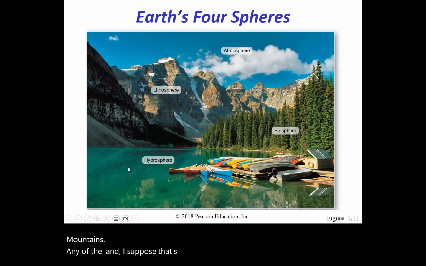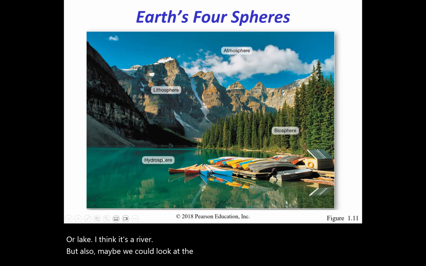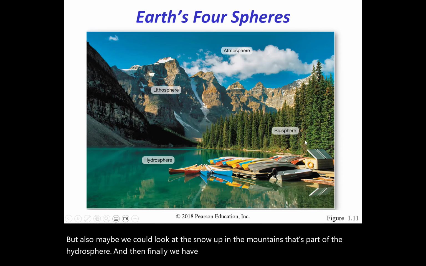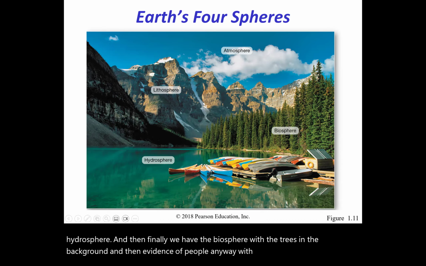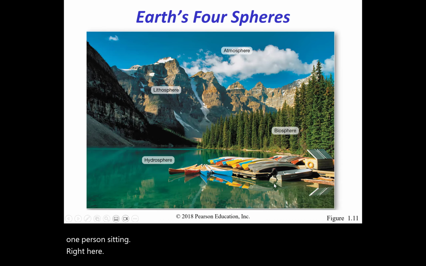The hydrosphere being this river or lake. I think it's a river. But also maybe we could look at the snow up in the mountains. That's part of the hydrosphere. And then finally, we have the biosphere with the trees in the background, and then evidence of people, anyway, with these canoes. I think there's one person sitting right here on the dock. But yeah, that's just a visual representation of Earth's four spheres.